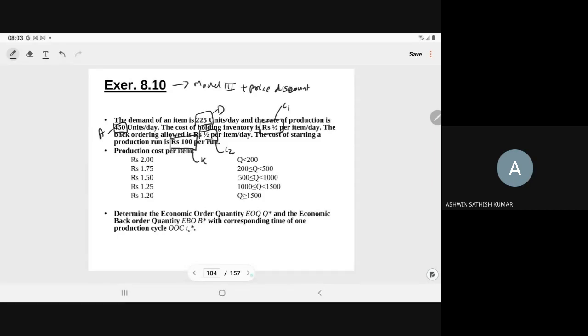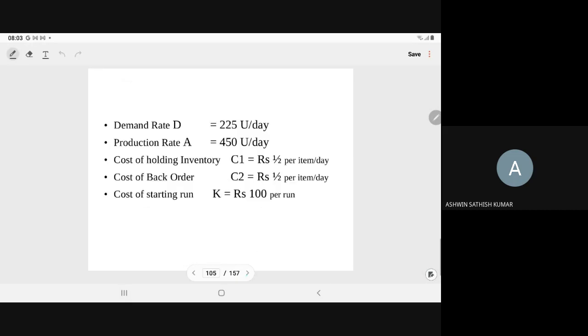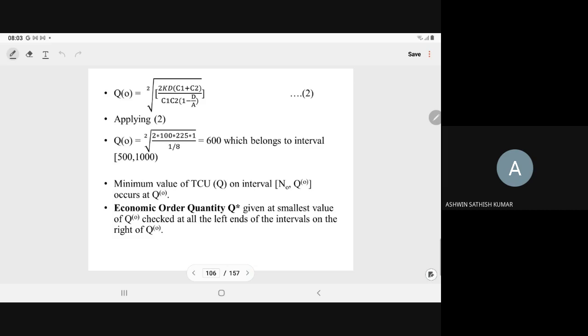For the model third, we know what Q naught is. Q naught is root of 2KD into (C1 plus C2) upon C1 C2 into (1 minus D upon A).